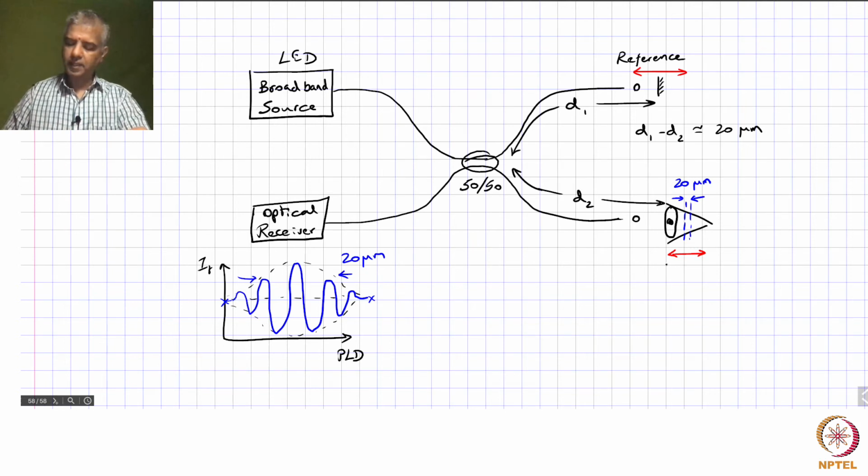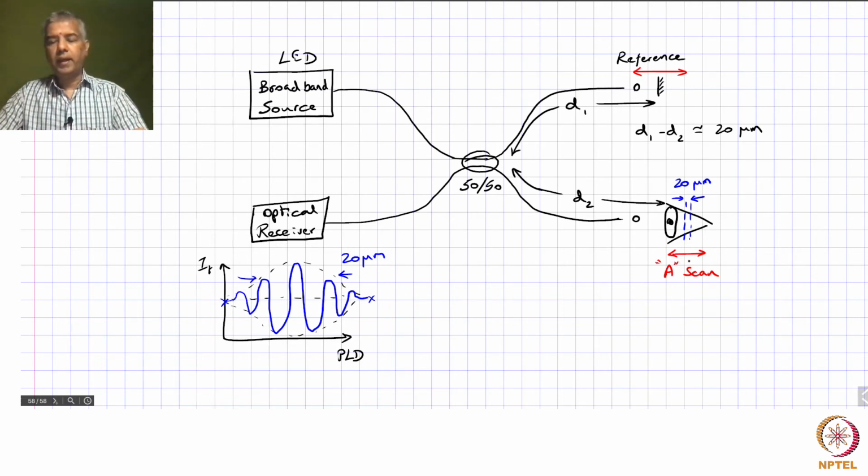Okay, and that is what we call an A scan. That gives you depth information. And then the other thing you can do is move this collimator with respect to the eye, and that provides a scan in this direction, which is what we call a B scan.